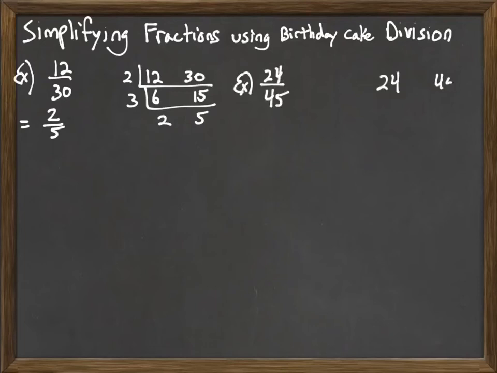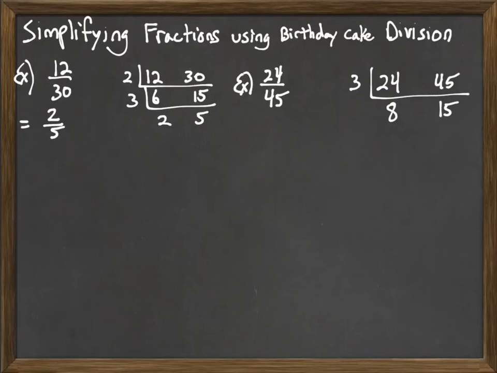Consider another example here, 24 over 45. So once again, I can write down my 24 and 45 as a pair together here. And then I look for something that I can take out of both. In this case, I realize I can take out a 3. So I go ahead and do that, dividing 3 into both 24 and 45.